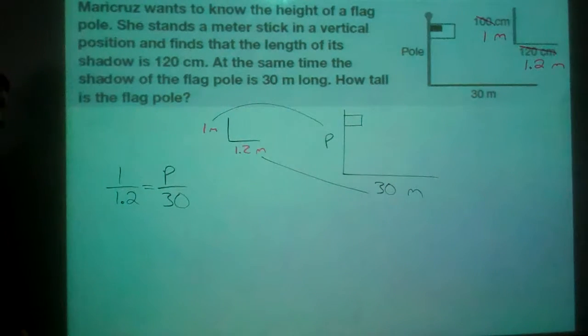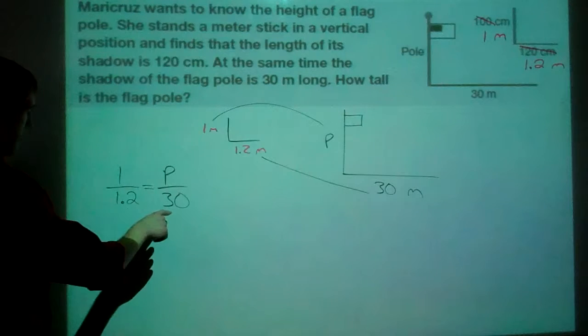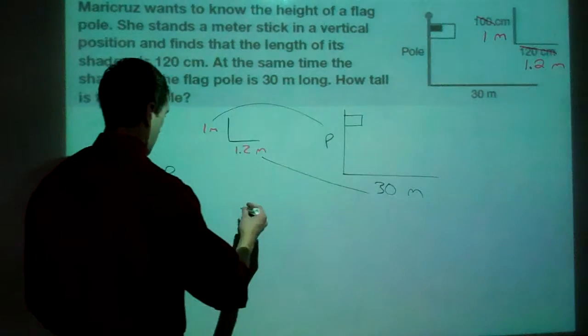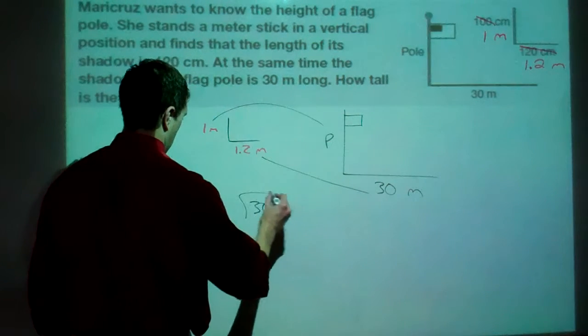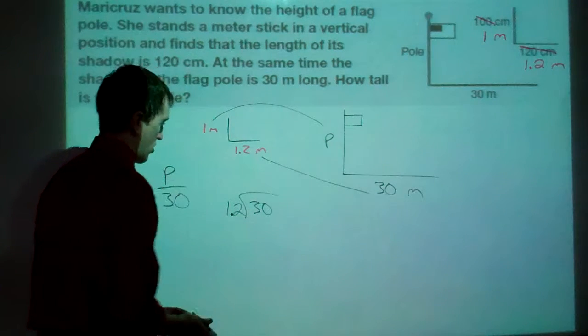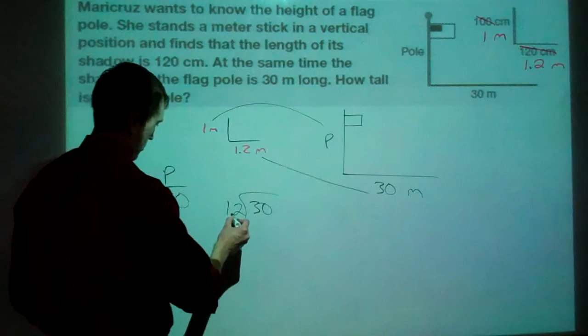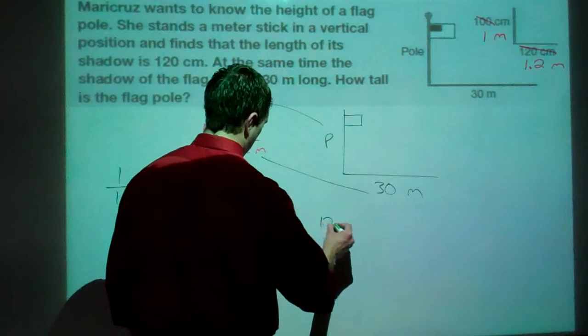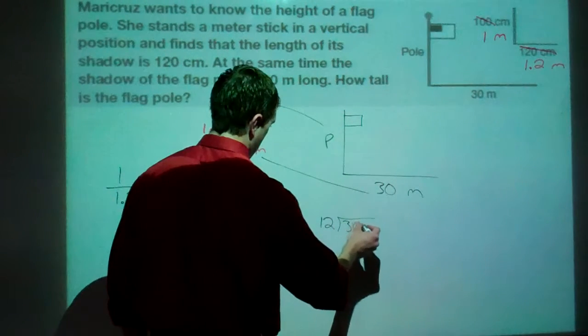And what we would do here is cross multiply. 30 times 1 is 30. 30 divided by 1.2 is, well, we would have to move this over 1 and move this decimal over 1. And then we'd have 12 goes into 300.